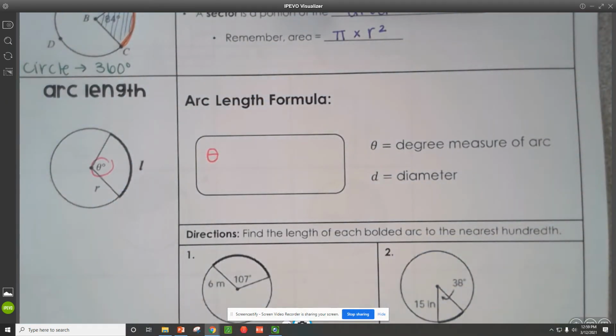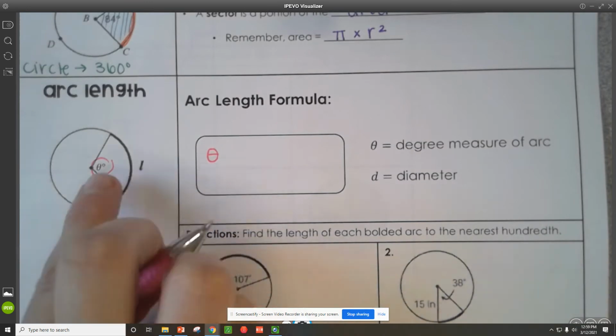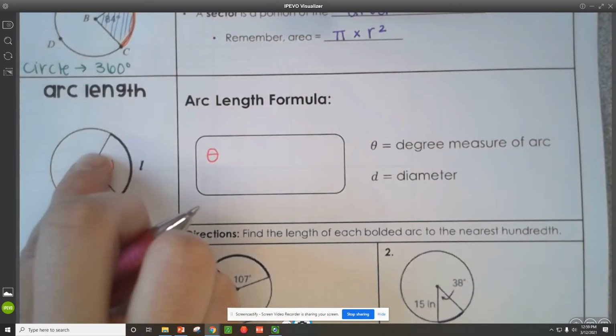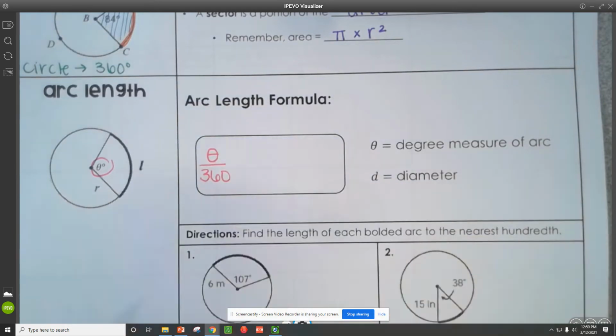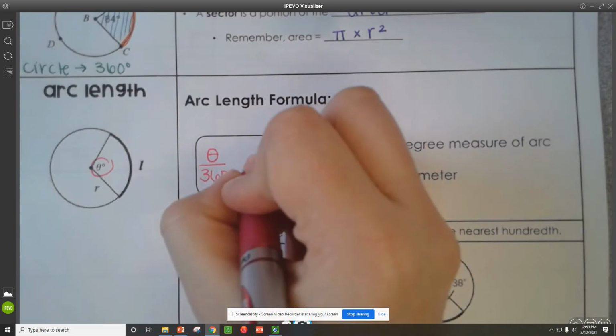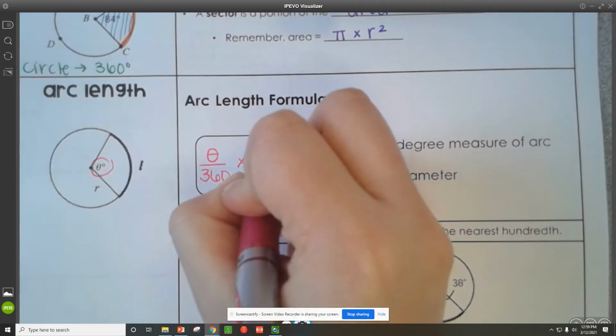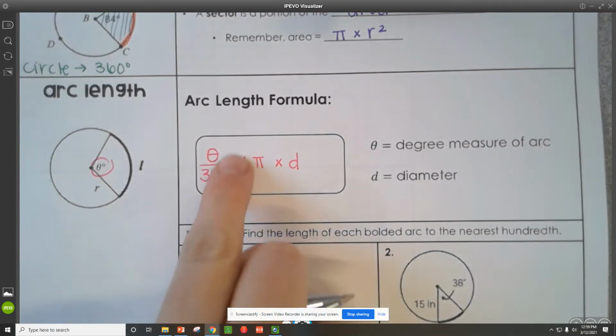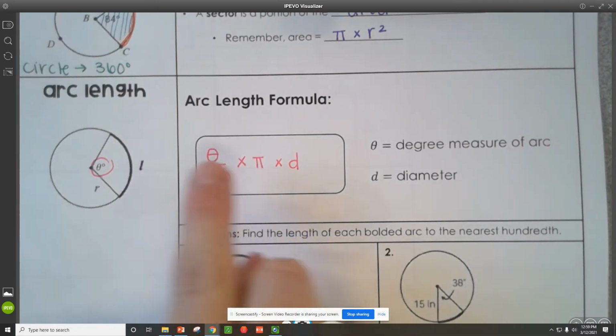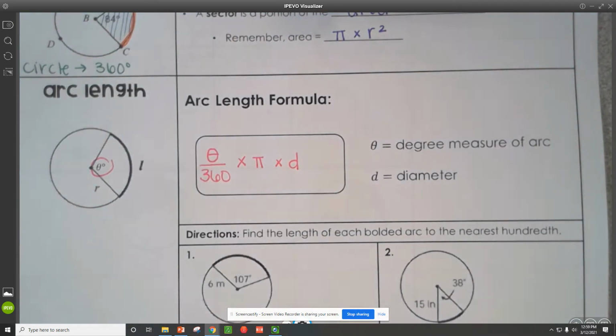That's the Greek letter theta. We often use that to refer to angle measures. So theta is whatever portion of the whole 360 degrees. That's telling us the percentage of the whole circumference, times pi times diameter. So this is my portion or my percentage of the circumference.